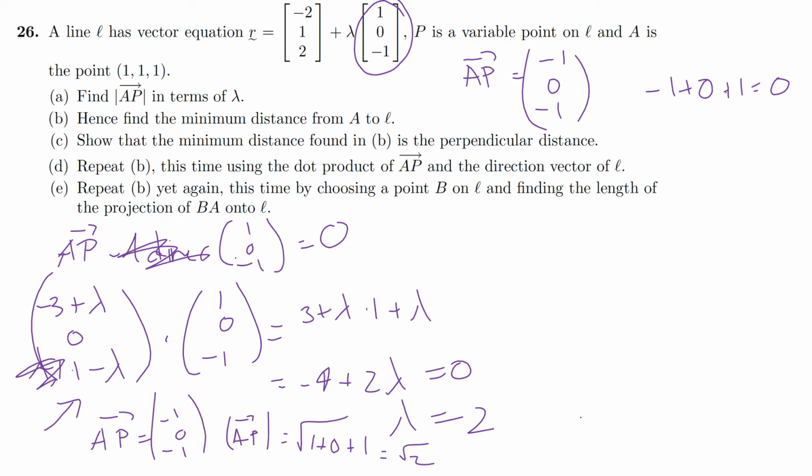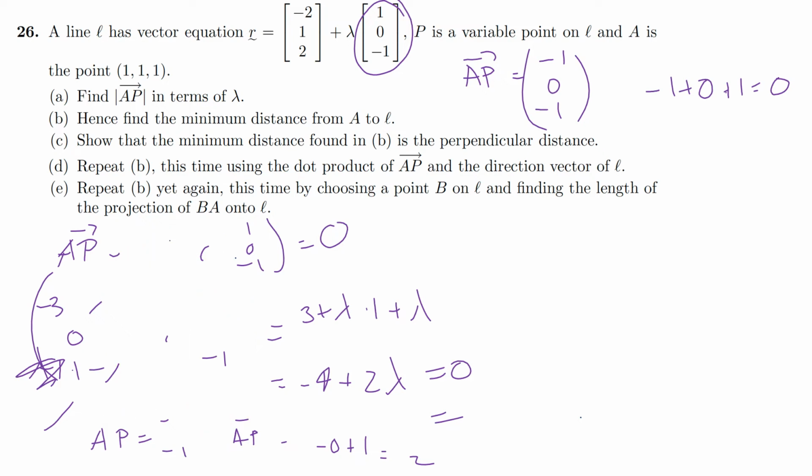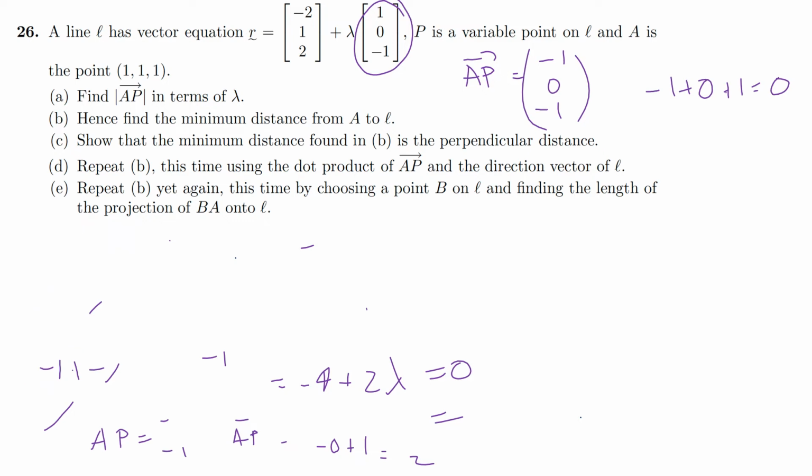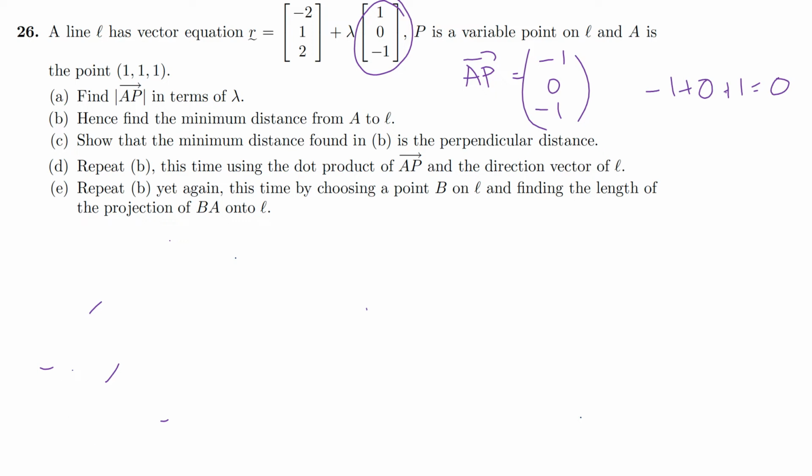All right, let's look at it one more way. This time by choosing point B on the line and finding the length of the projection of BA onto L. When you're doing it geometrically, I find it handy to have some kind of picture, just so you can visualize what you're doing.